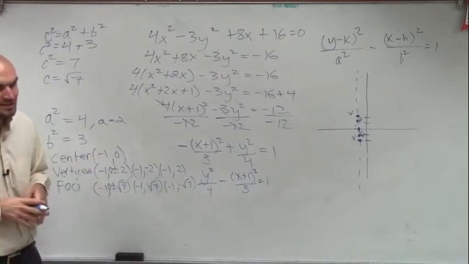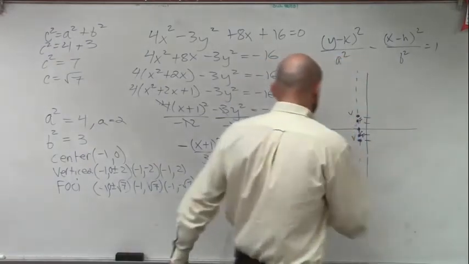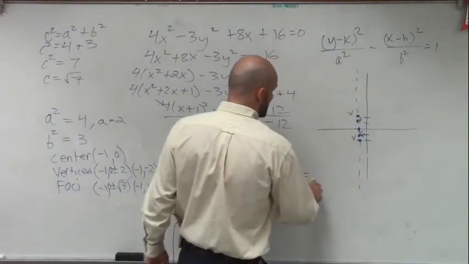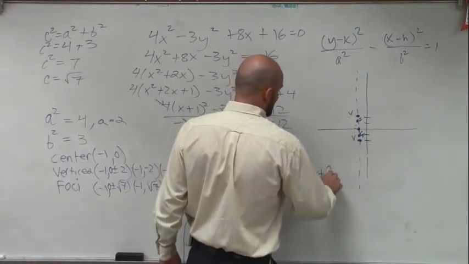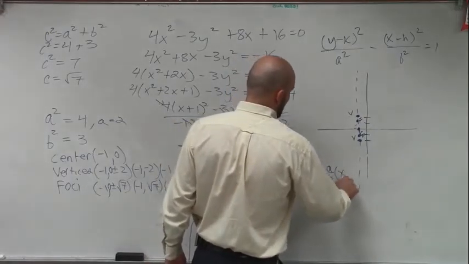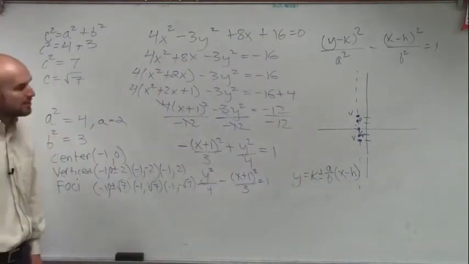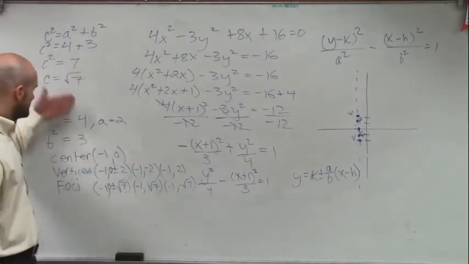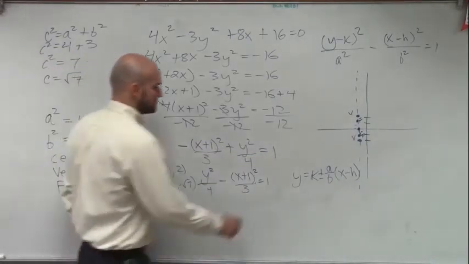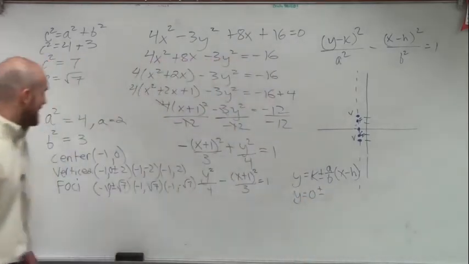The last thing we're trying to do is find our asymptotes. So remember, for a vertical transverse axis, we have y equals k plus or minus a divided by b times x minus h. So all we're going to do to find our asymptotes is plug in these values. We have our k, which is 0, plus or minus a over b.